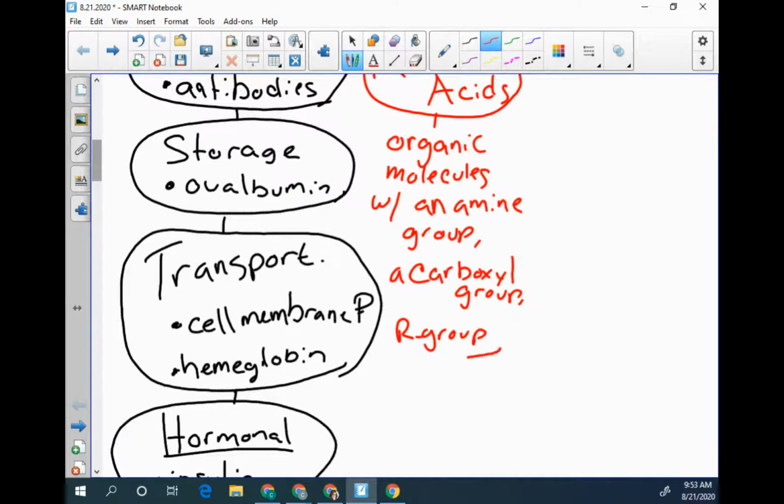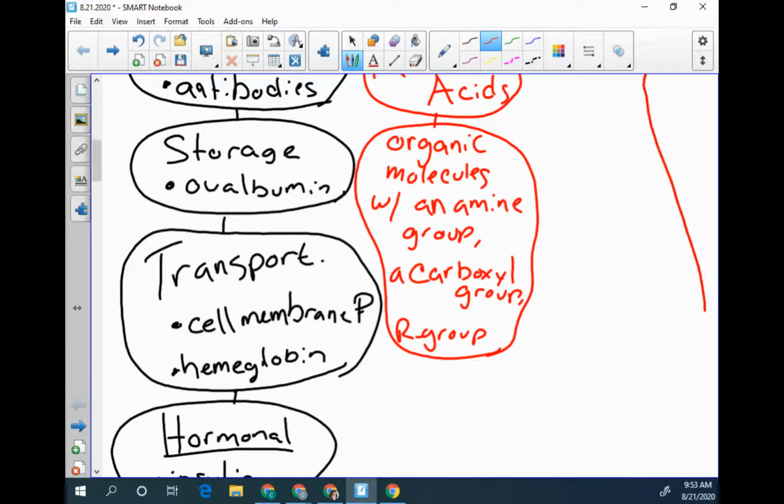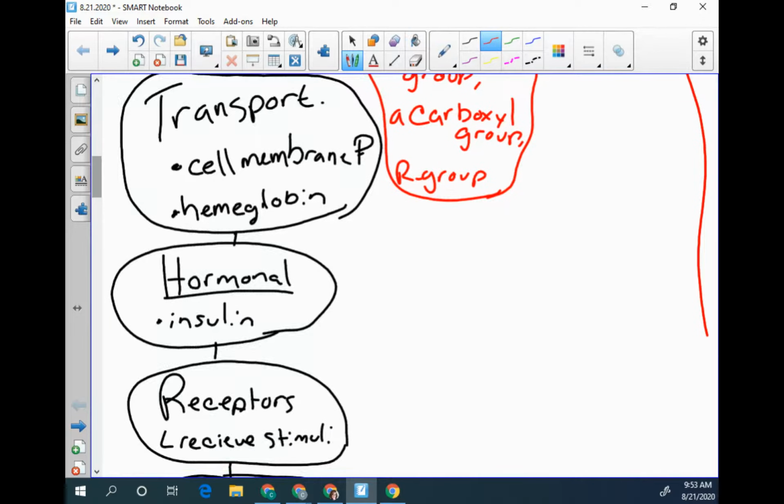That R group is essentially just one of 20 different possible chemical side chains that exist on amino acids. So we're going to take that and put it way down here. So this is what our amino acid looks like.